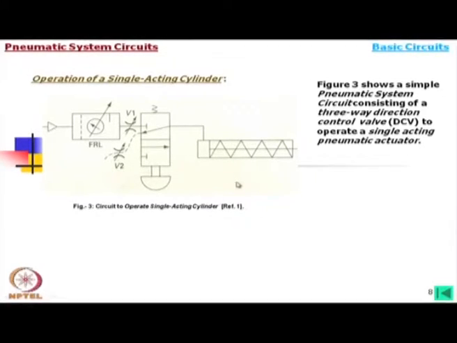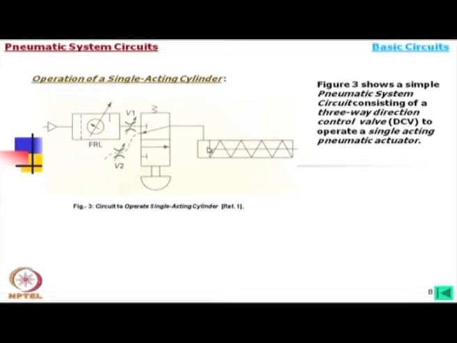That means, in case of single acting, you have to think of how it is returning. If it is a vertical one, then due to self weight it can come down, but normally there is no guarantee that we can use such a cylinder always in a vertical position, even in the downward direction. So, all such single acting cylinders are mostly with a return spring, and that spring is just to overcome the minimum friction inside.